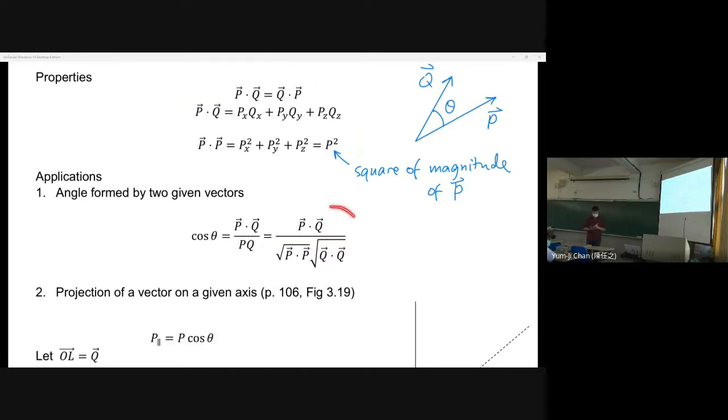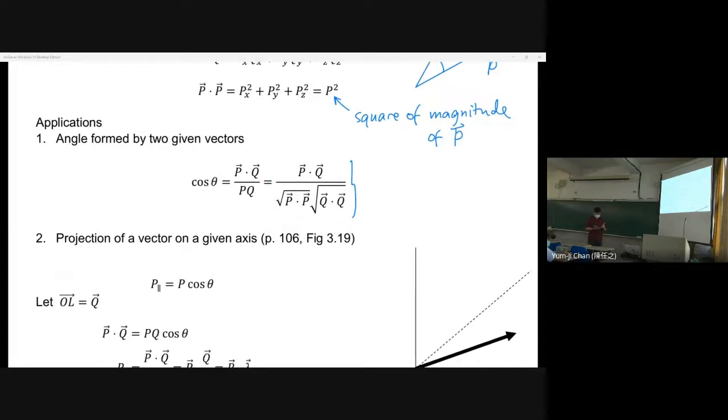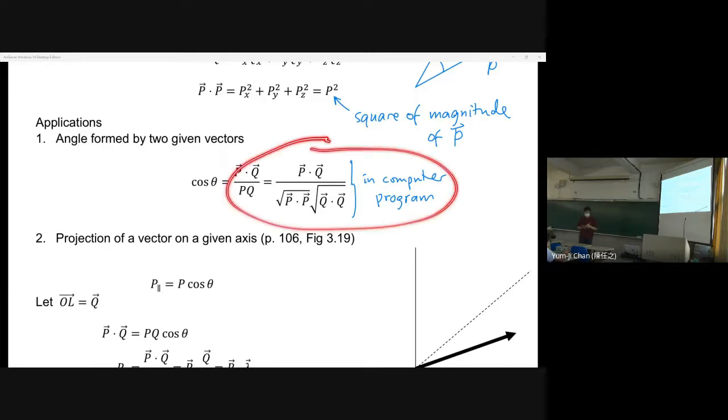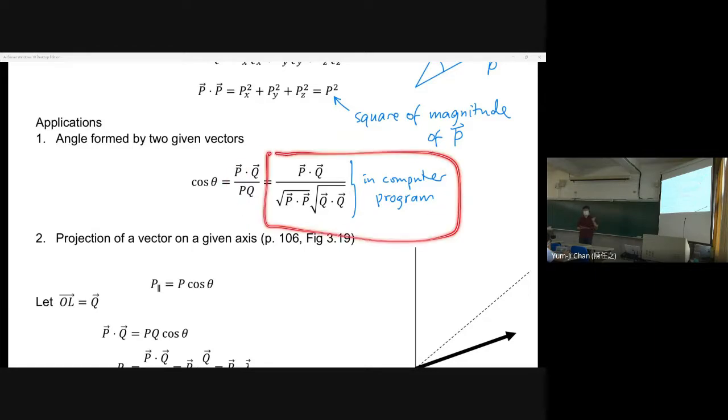You may say this is quite long, but if you write it in a computer program, for example in Excel, C# or Python, it will be quite logical and easy to write it this way to determine the angle theta.